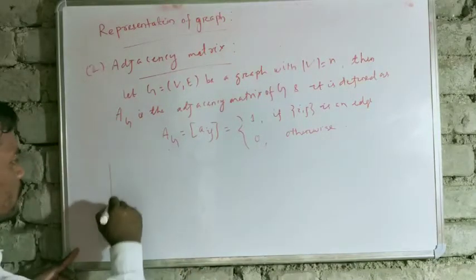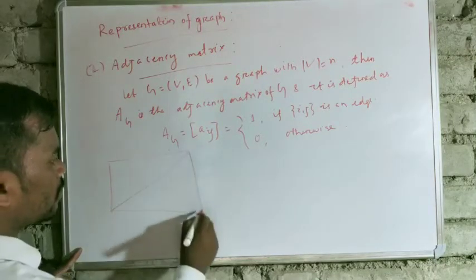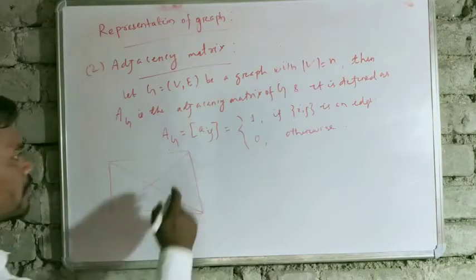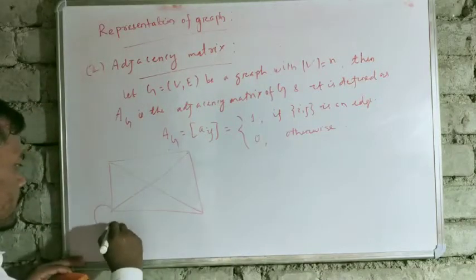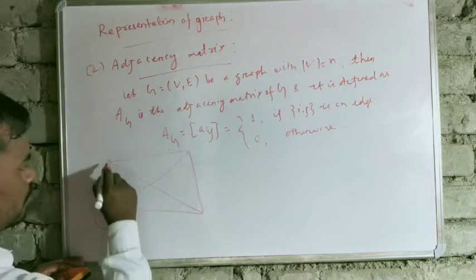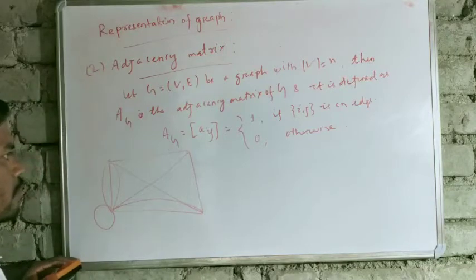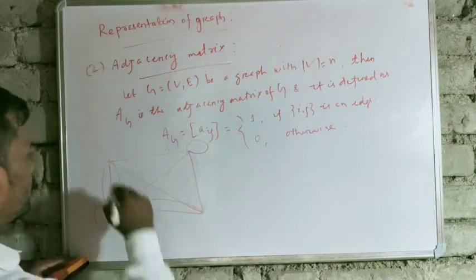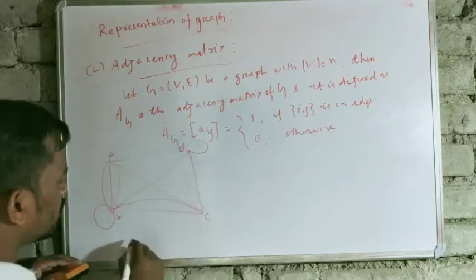So I am taking a pseudo graph. The points are the same: A, B, C, D. This is a pseudo graph.